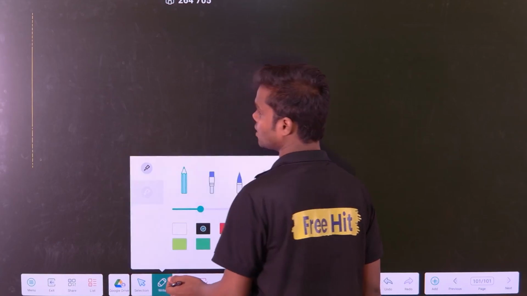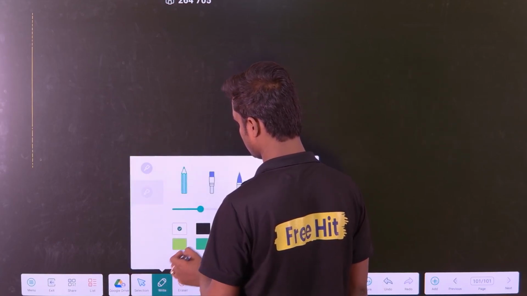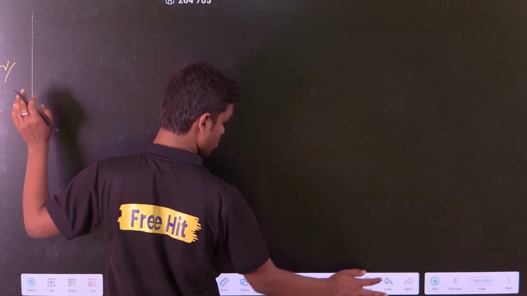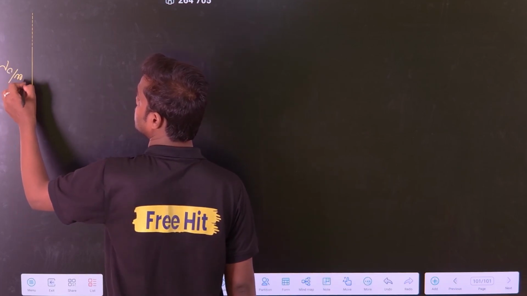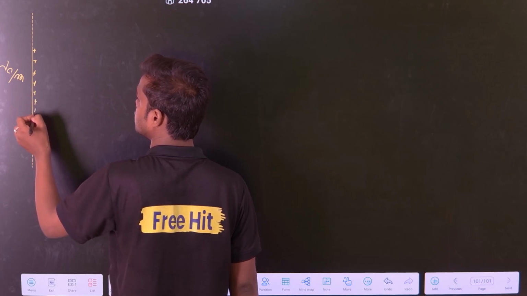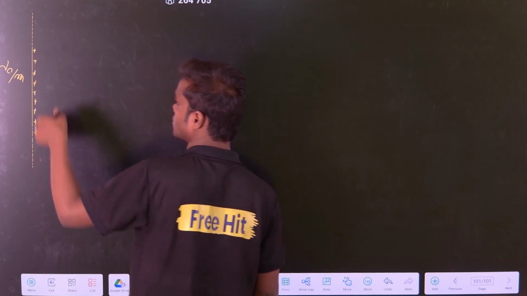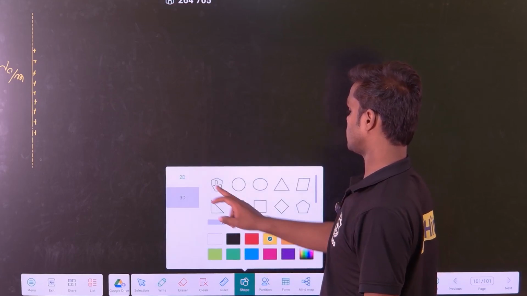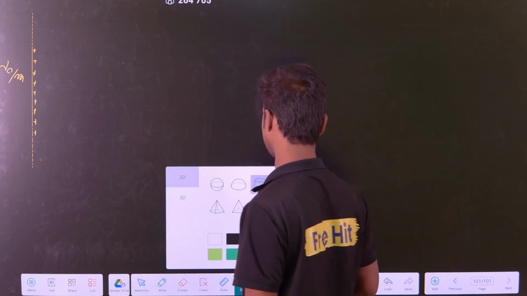It is lambda coulomb per meter, means the positive charge is present on this wire and it is an infinitely long wire, correct? Like this. So if I ask you what will be the equipotential surface for this, try to think what will be the equipotential surface for this.